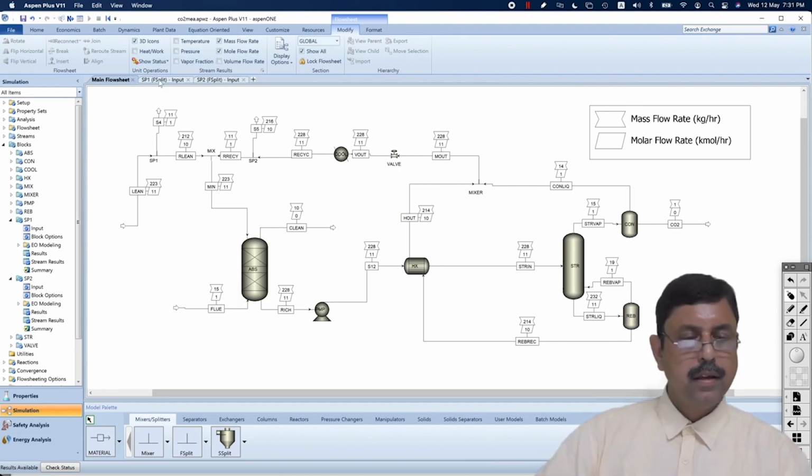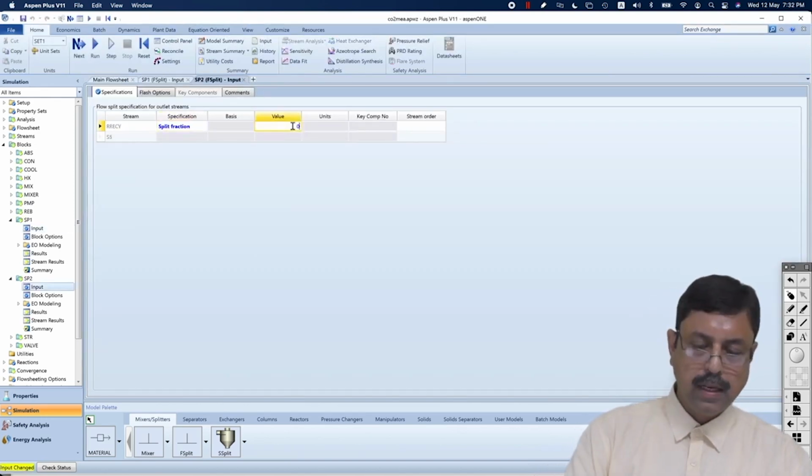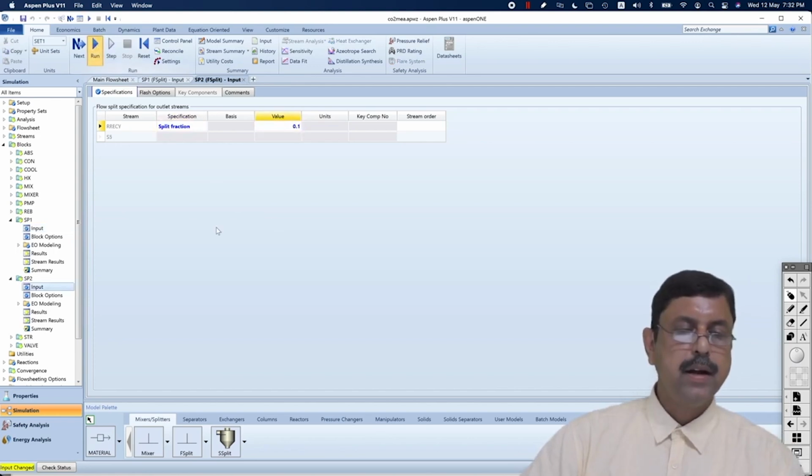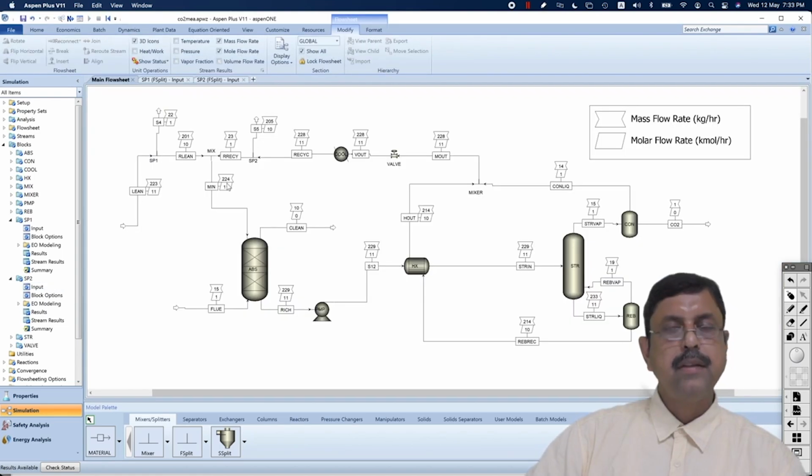Okay. Now you decrease it further, make it 90%, and this one you make 10%. Okay, run it. Again it has converged. Now every time you can see the mass flow rate is gradually increasing. Earlier it was 223, now it is 224 kg per hour.